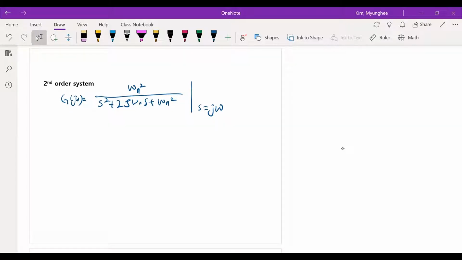What you can do is that you can actually divide by ωn.